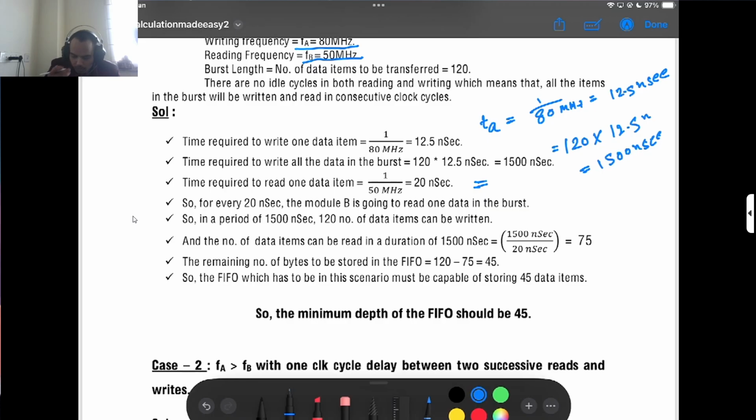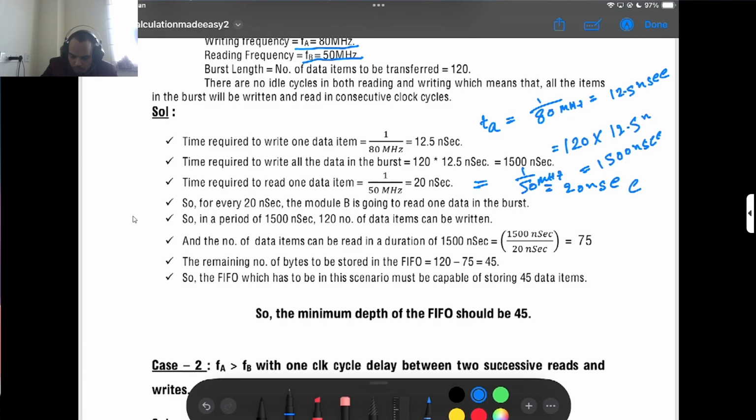So the writing frequency is this and the reading frequency is this. It is 50 megahertz, so 20 nanoseconds, and for every 20 nanoseconds, module B is going to read one data item in the burst.